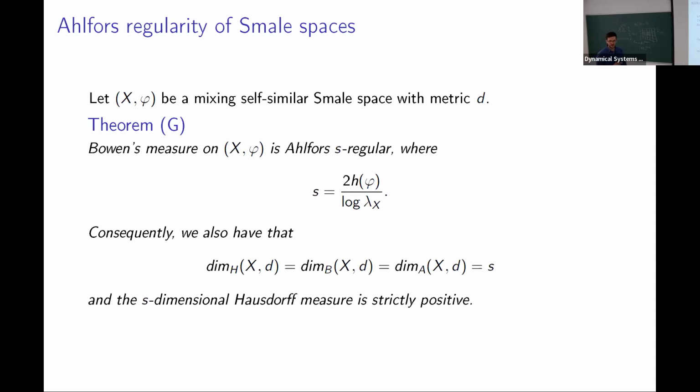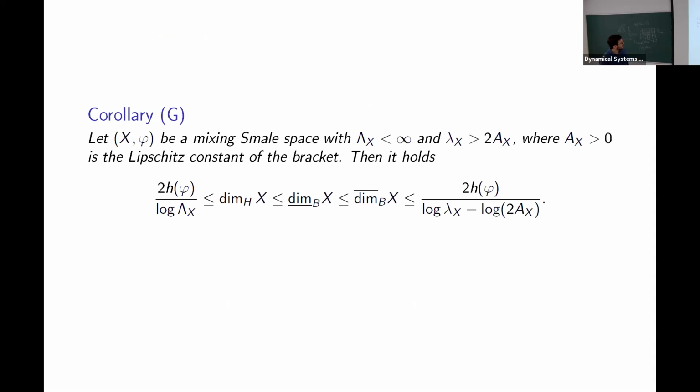Now, the self-similar metrics in many situations are constructed in a canonical way; in the abstract setting, it's not canonical. But if you start with a Smale space that already has Lipschitz dynamics, then the self-similar metric can be constructed in a canonical way. And you obtain the following.